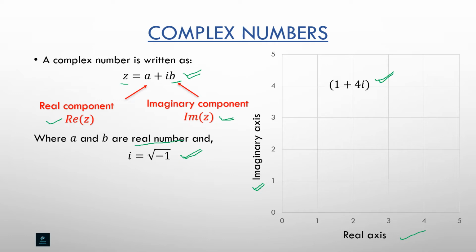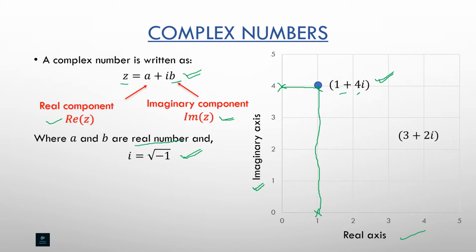Its real component is 1, therefore on the real axis it is located here, and the imaginary component is 4, therefore on the imaginary axis it is located here. If we draw horizontal and vertical lines from these two locations, they meet here, therefore the complex number is located here in this 2D plane.